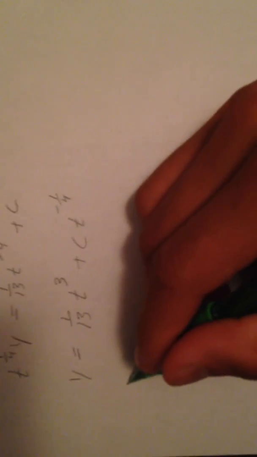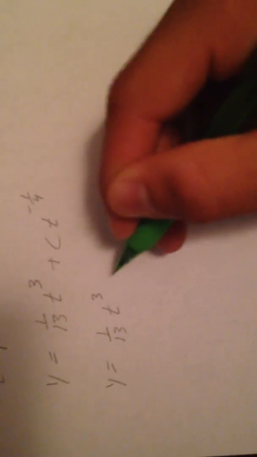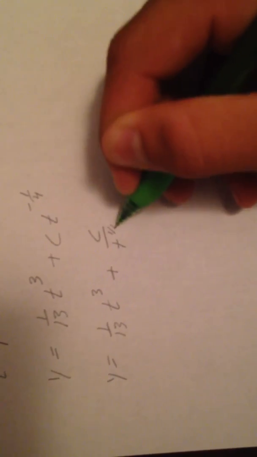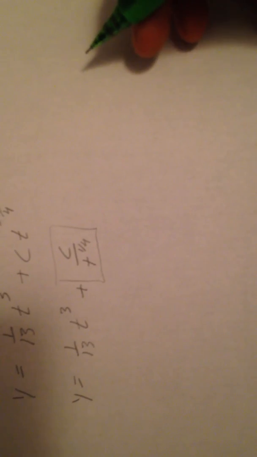Or you could rewrite it as y equals 1/13 t cubed plus c over t to the 1/4. This would be your transient term, because as t approaches infinity, the term c over t to the 1/4 will go to 0. So that's considered your transient term.